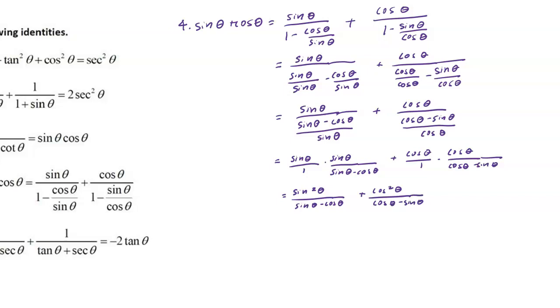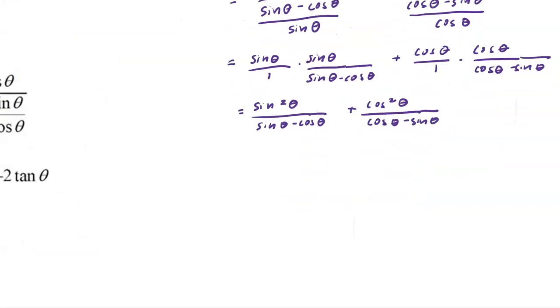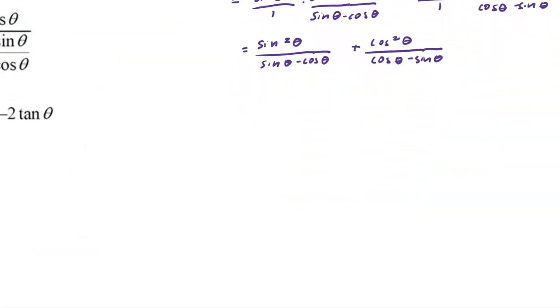Okay, when I look at the two of these, the denominators are almost the same. I could rewrite this denominator as sine of theta minus cosine of theta. They're almost exactly the same as long as I take a -1 out. So when I take a -1 out, that's what I get.